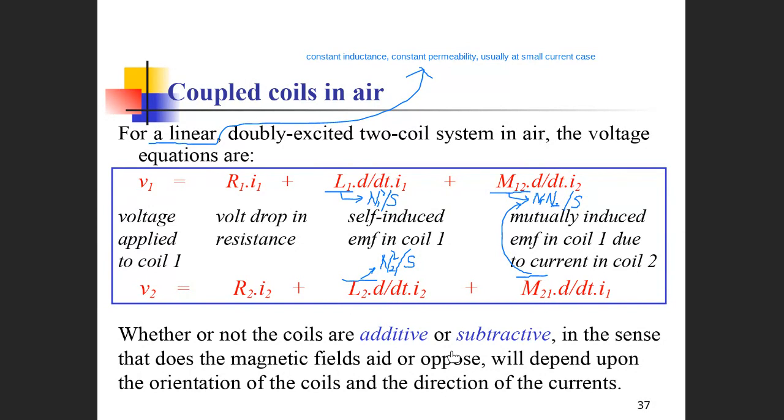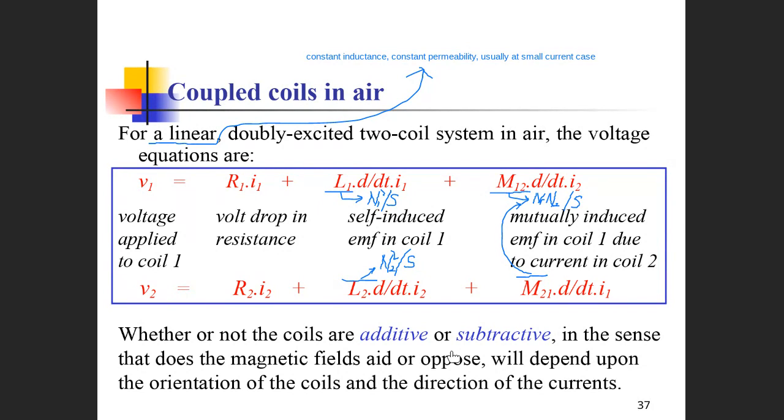The mutual inductance can be positive or negative, because the magnetic flux produced by coil 2 can strengthen the magnetic field produced by coil 1 itself, or oppose it.